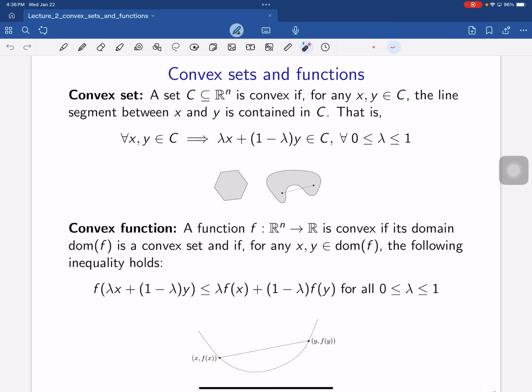The right-hand side is nothing but a convex combination of the function values, so it gives you this line segment here. It should be pretty clear to visualize compared with the algebraic expression. Lambda can be between 0 and 1. When lambda equals 0, you are at this particular point. When lambda equals 1, you are at this point. As lambda goes from 0 to 1, you are covering the whole line segment.